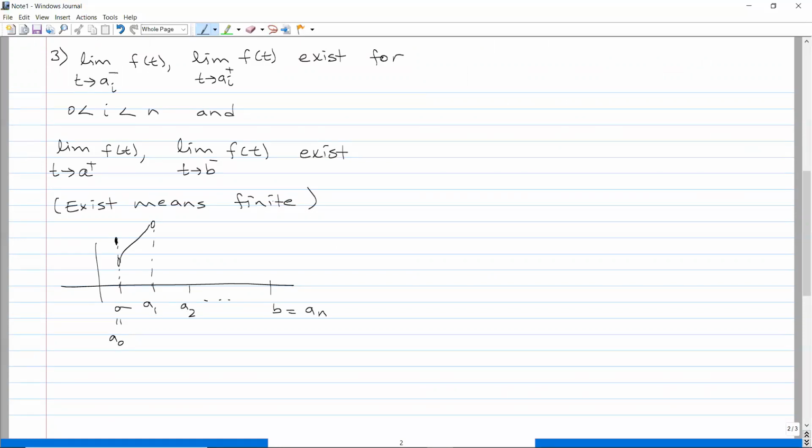At the point A1, it must have a left limit and also a right limit. But the left limit doesn't have to be equal to the right limit because the function doesn't have to be continuous at A1. But in the open interval from A1 to A2, it has to be continuous, and then so on. So the previous one, again, it may be something like this. So this graph is piecewise continuous.